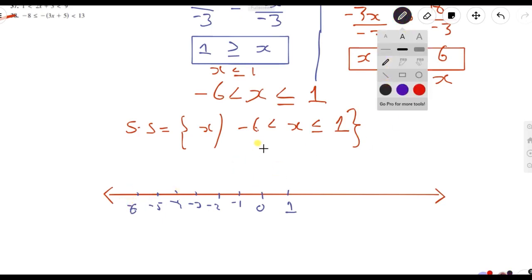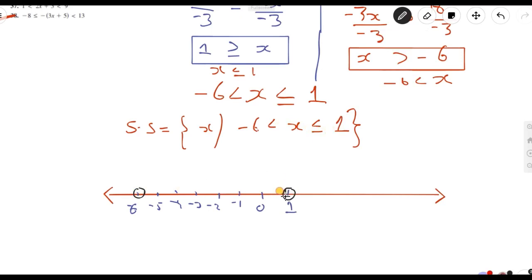You can see here that -6 is not included. All the numbers which are greater than -6 and less than or equal to 1. So put a hollow circle on your -6, put a solid circle on your 1 because it is included, and highlight the line segment between these two. That's how it looks.